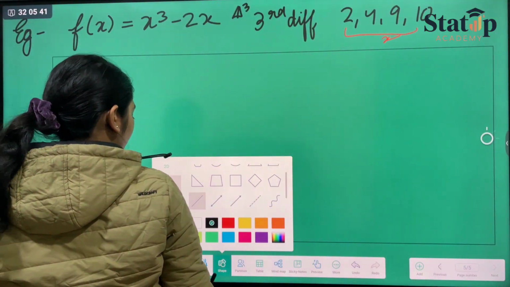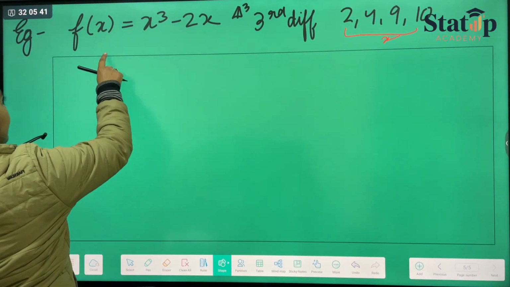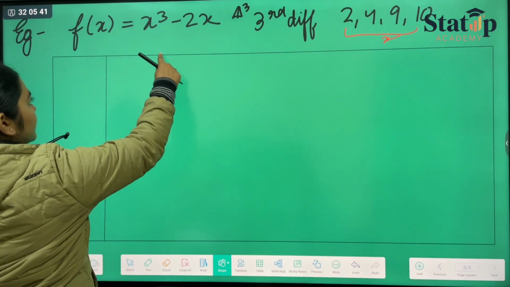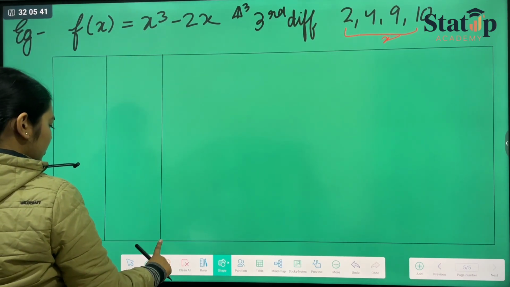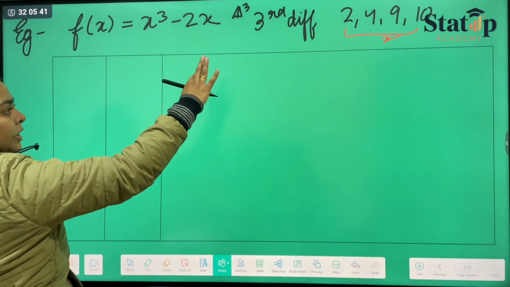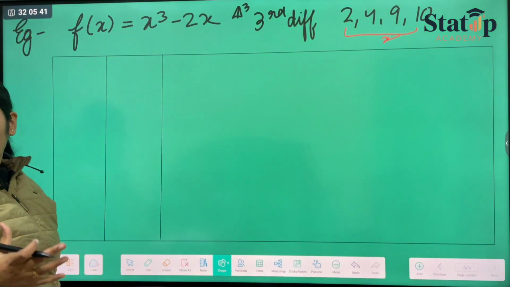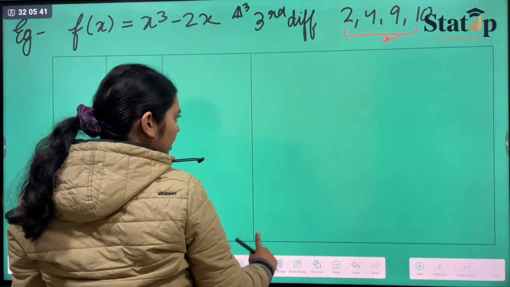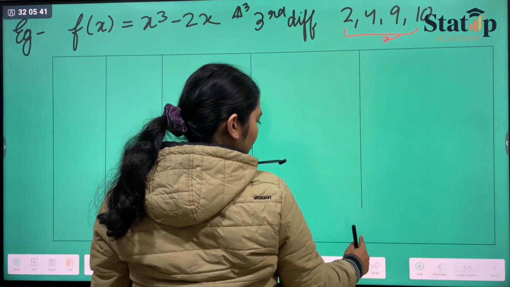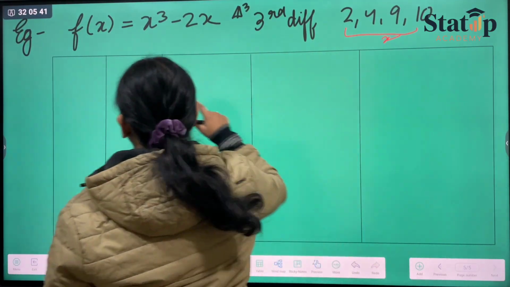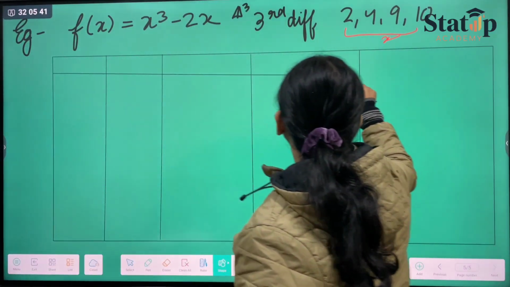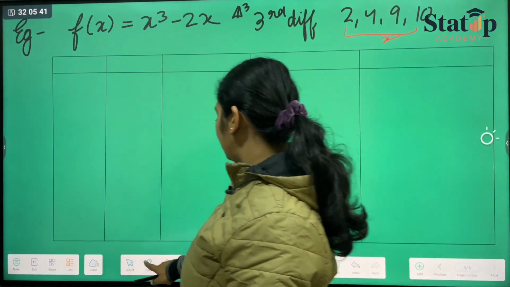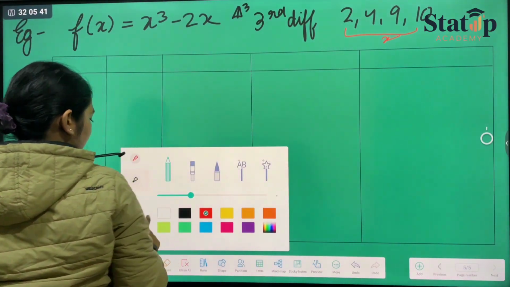Now, how many columns do we have to make? First is for x, second is for f(x), then we have to find three differences, so three columns for the differences. This will be the first difference column, this will be the second difference column, and the last one will be the third difference column. And we have four arguments, which are the values of x.